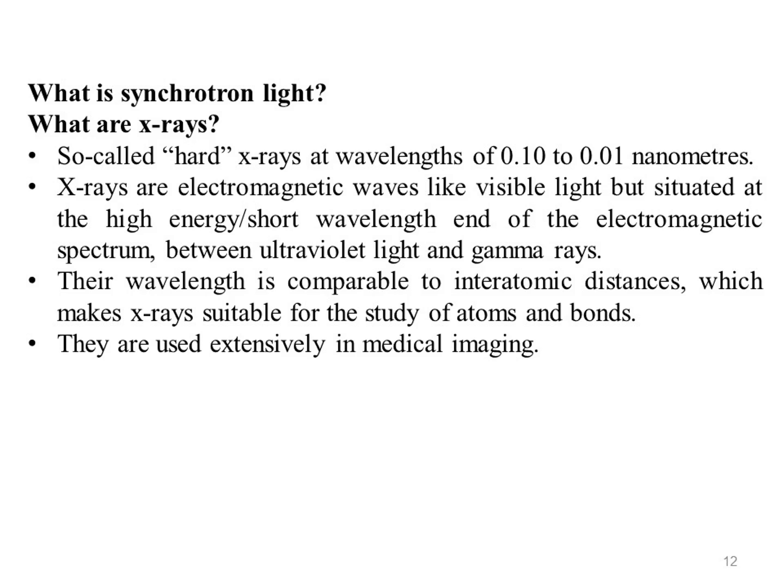Their wavelength is around a tenth of a nanometer. A nanometer is 1 billionth of a meter, meaning 10 to the minus 9 meter, which is comparable to interatomic distances, which makes X-rays suitable for the study of atoms and bonds.